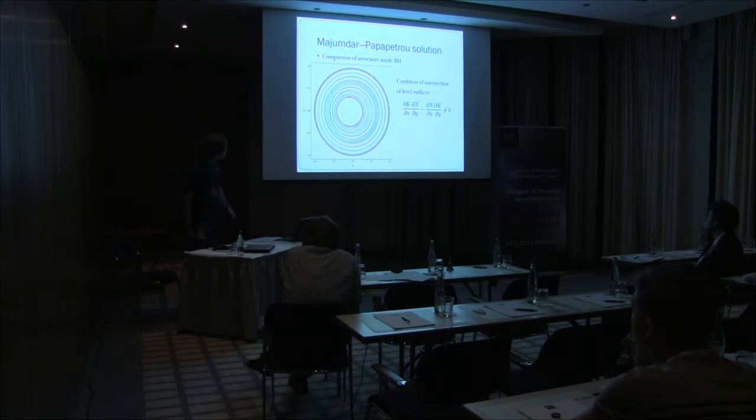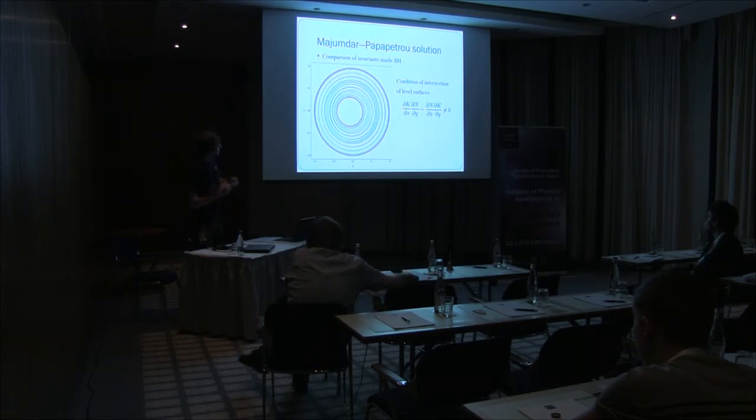It's not easy to see on this picture when we plotted the levels of the constant value of the invariant, the intersecting, but we can calculate this condition analytically by the equation on the right side.